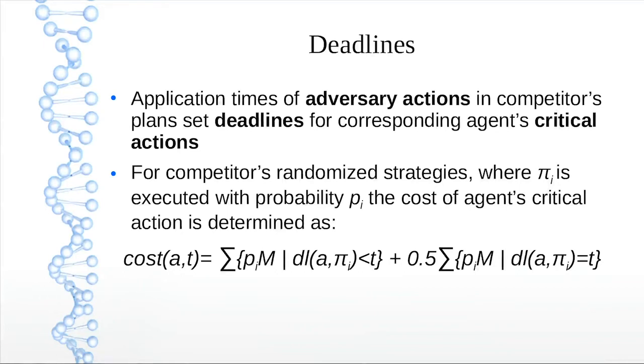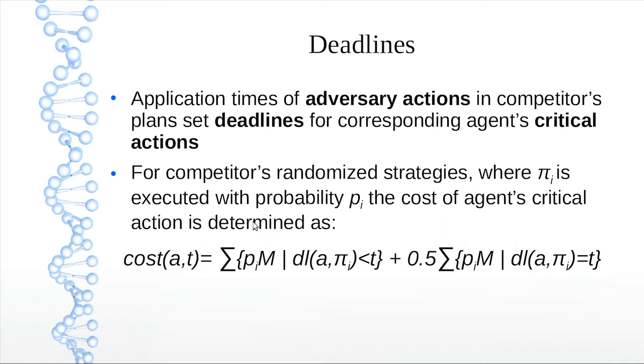Since we know the competitors' randomized strategies from double oracle, which are in the form of a set of plans, each with a given probability for execution, we can determine the cost of the agent's critical actions. For those situations where we are missing a given deadline set by a given plan, with a given probability, we will be penalized for failing to achieve a given soft goal, which is, for instance, the value m.